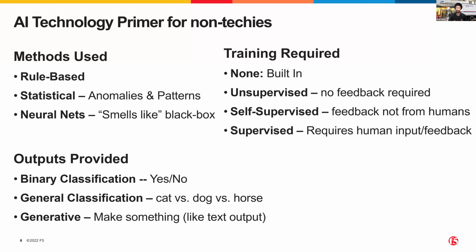Another form of, quote, supervised is in generative AI. It doesn't require human feedback, but it requires human input, in the sense that the corpus being used to create those answers is something that humans generated up front. So if you use ChatGPT, it's been trained on the contents of the internet, circa 2021 or 2022.